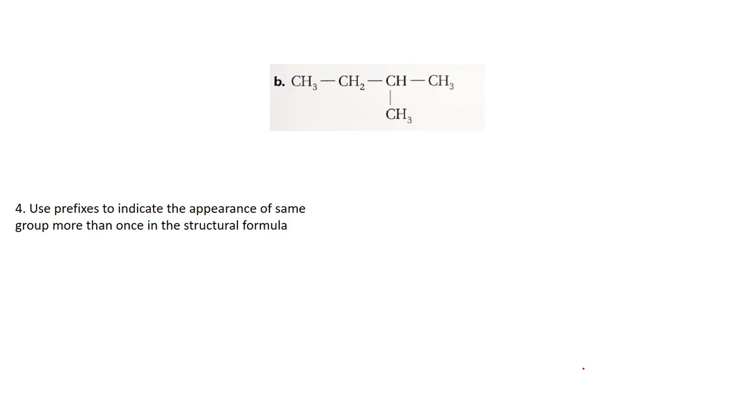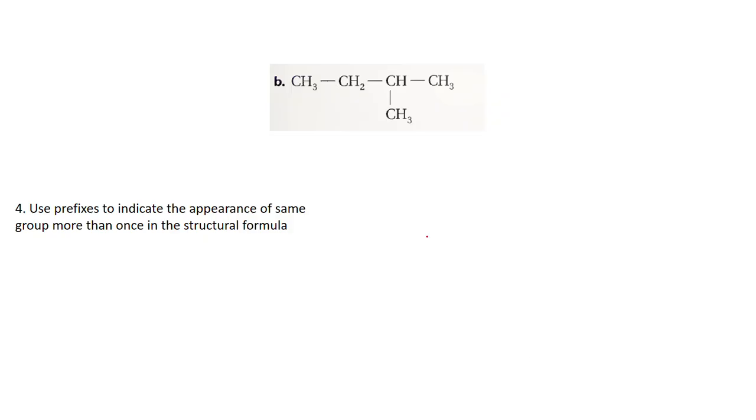The next step is to use prefixes to indicate the appearance of the same group more than once in the structural formula. So is there any repetition in this case? Are there any more substituents? How many substituents does this chain have?